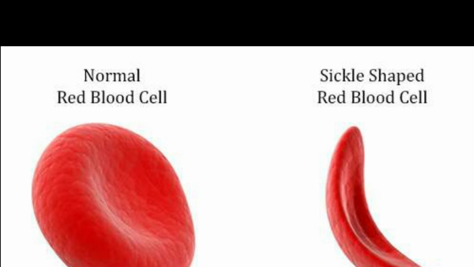Okay. Now let's focus our attention on the difference between the normal RBC and a sickle cell. So normal red blood cells are biconcave in shape. They are smooth and flexible, and they also are made up mostly of hemoglobin A, which has a great affinity for oxygen.